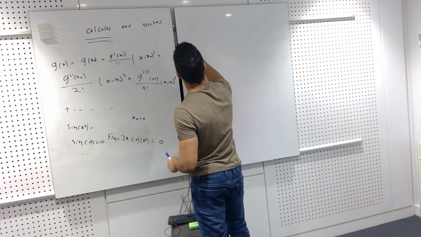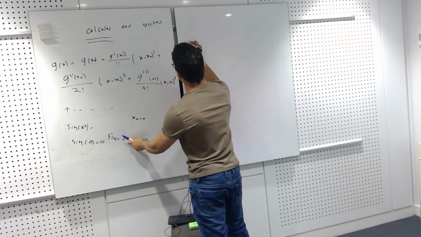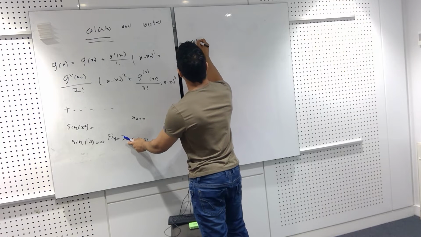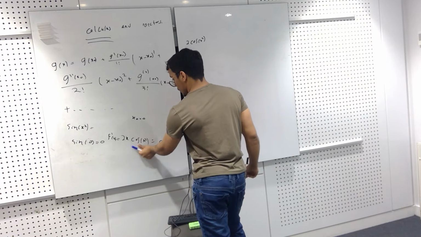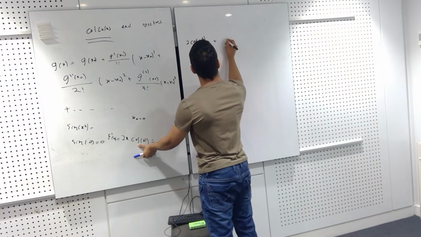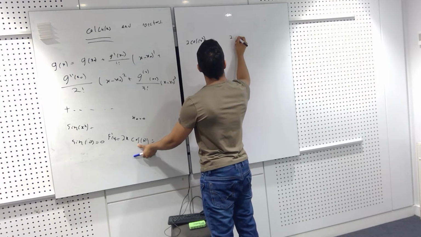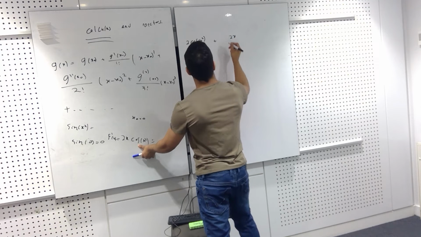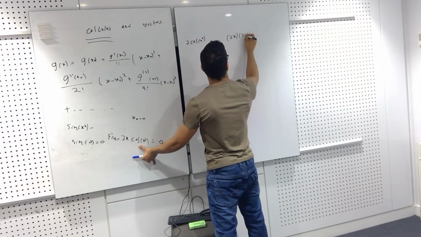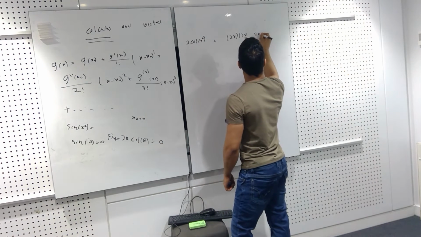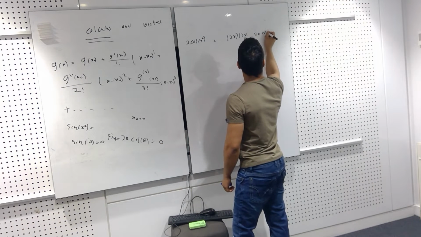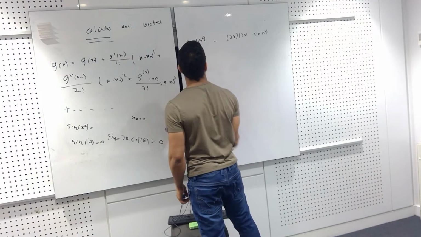We will see. So take the derivative of this one. It will be 2 cosine of x squared, this is the chain rule, plus 2x times 2x, take the derivative of cosine will be sine of x squared, and there will be negative.